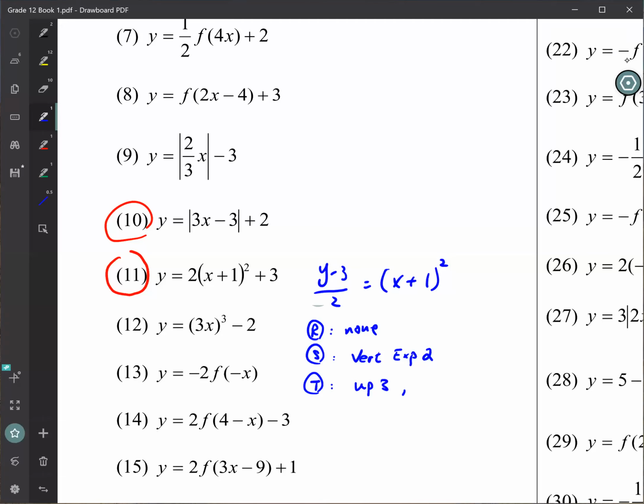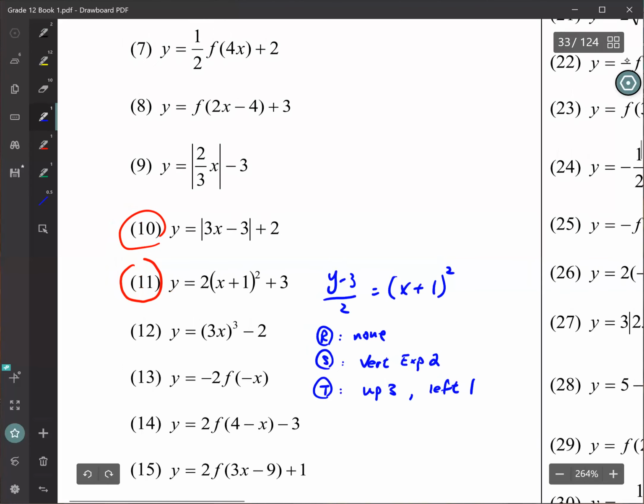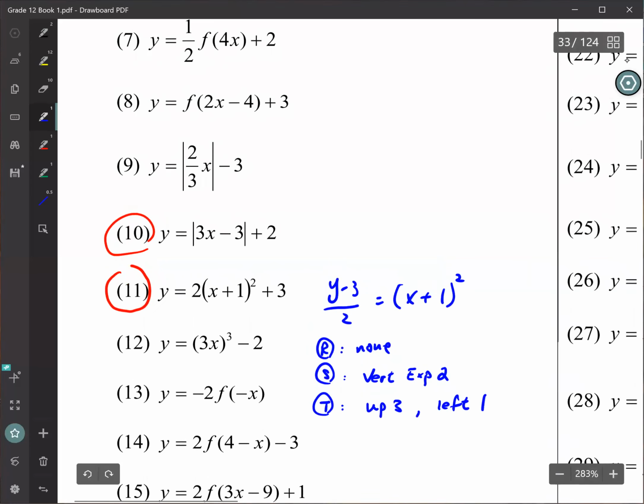If you have up, you cannot have down, okay? Yes, left one. The one is with the X, so you have to choose either the left side or the right side. If it's with the Y, then you choose up or down, and then you follow the rule: plus is left and down. Okay, let's do 10 then, since Trudy finished that one.